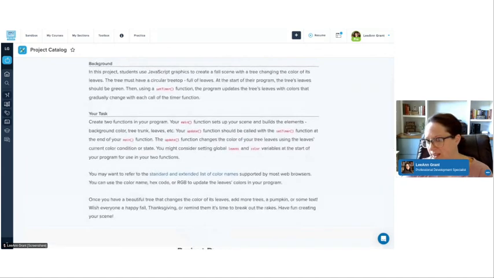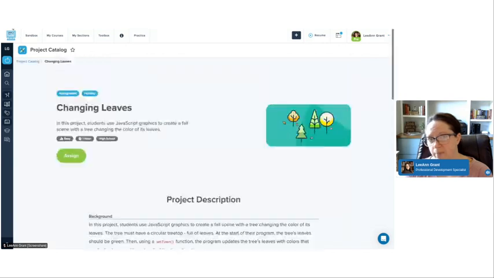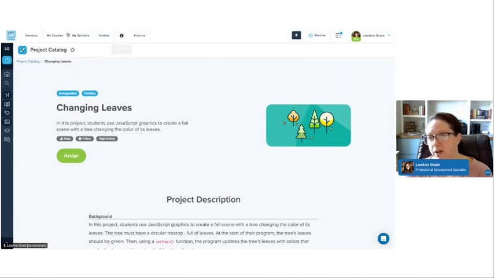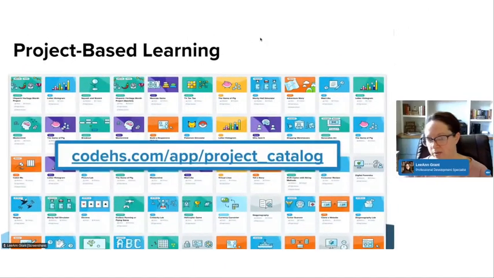Okay. But you can also do this by figuring out a specific language. There's lots of ways to filter within there. So our project-based learning catalog is one of them.